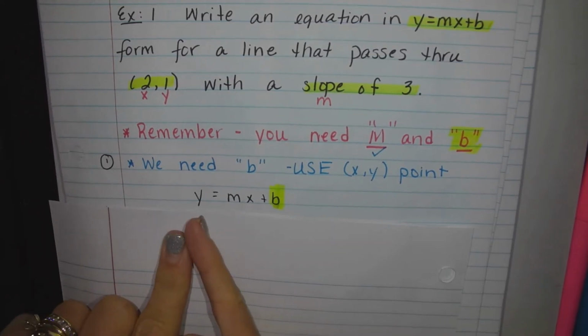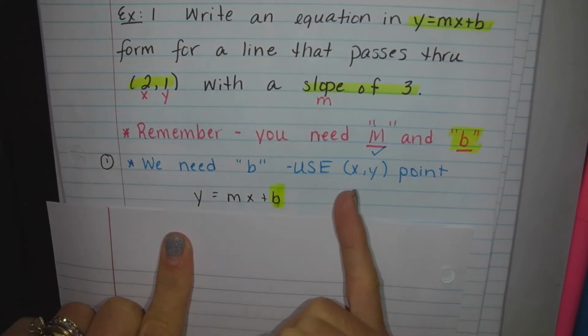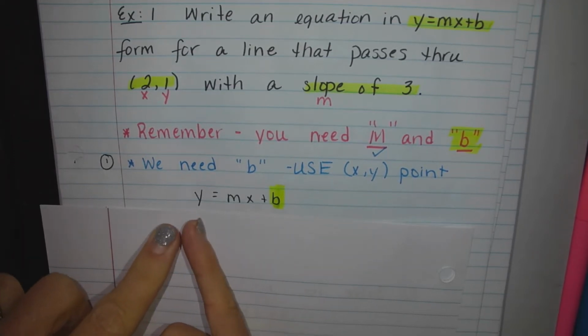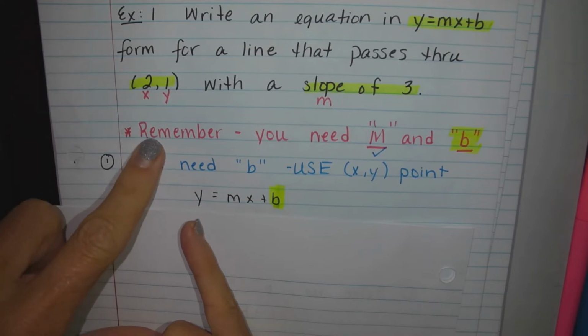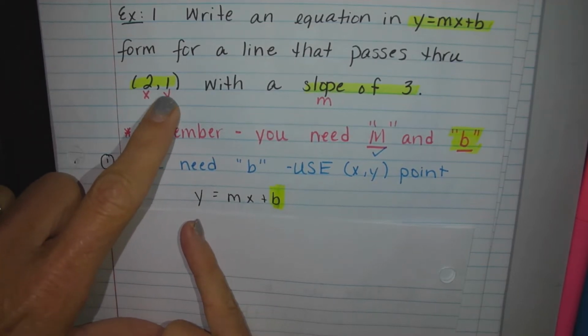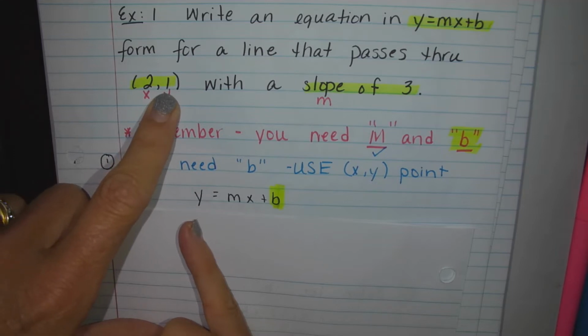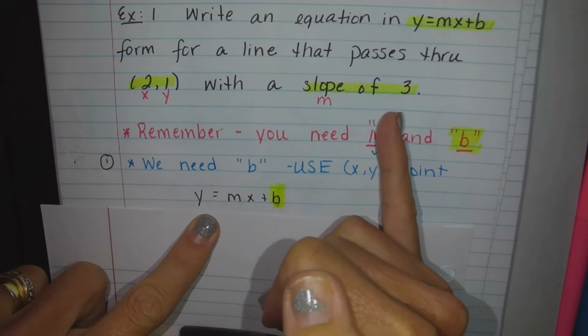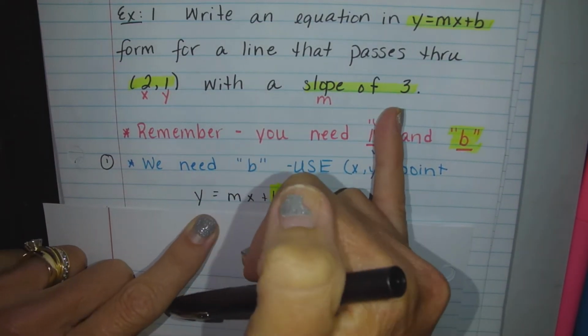Looking at this equation and using our point, let's see what we have. What is y? 1. Okay, what is m? 3.